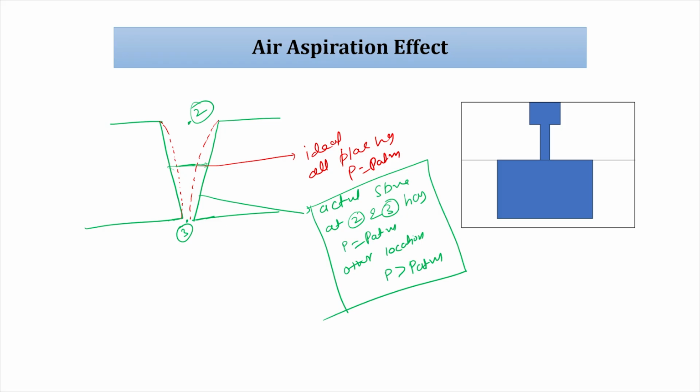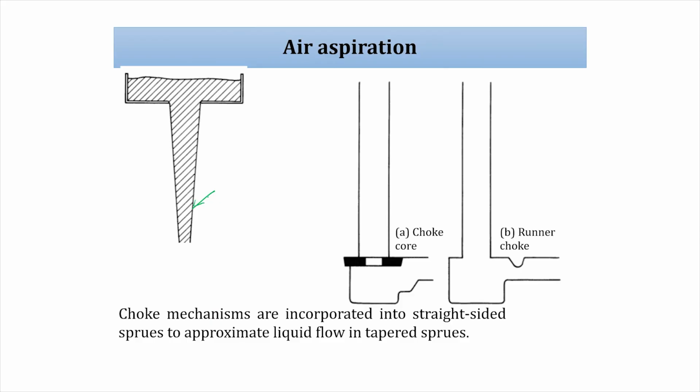So what people make is a tapered sprue. Let's assume it's easy to make tapered. But some places it is very difficult to make even a tapered sprue. So what can we do? There are two methods. Use a choke core.